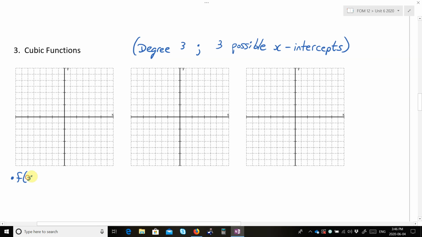And so, for example, we could have f of x is equal to 2x cubed plus 6x squared minus 5x plus 2. This is going to be the y-intercept. And we did have some x-intercepts like this.